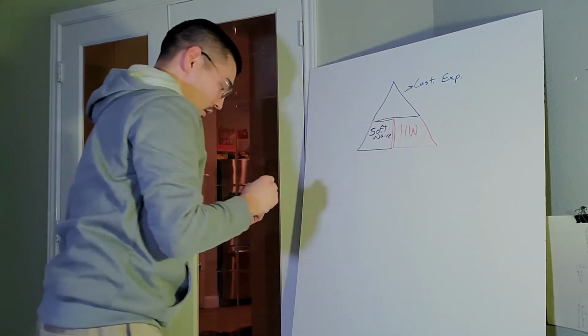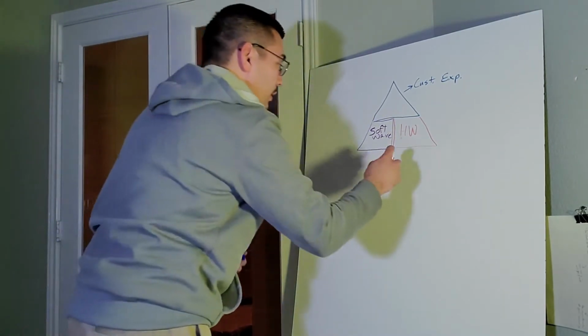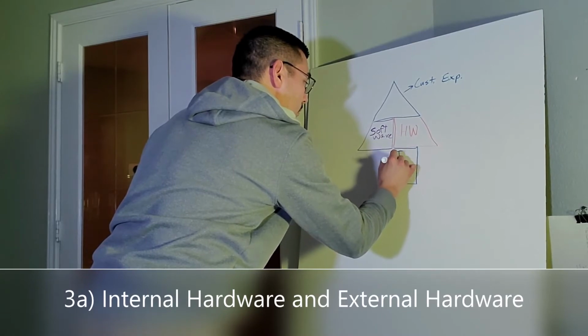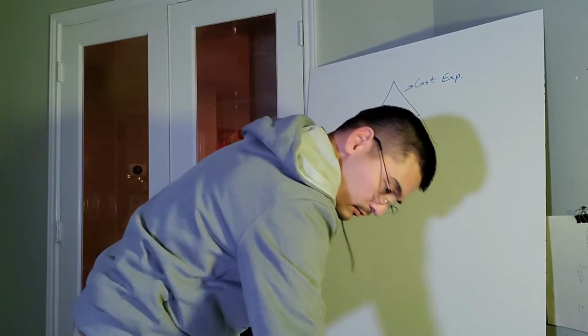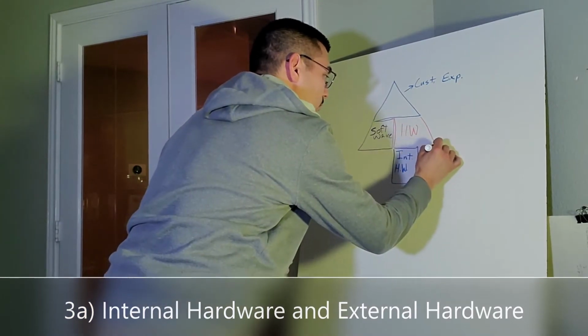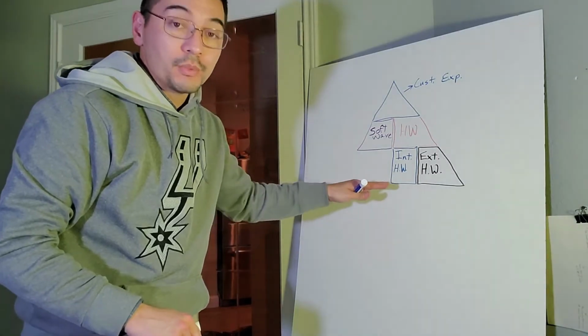So, hardware can be cut into two different parts. Internal hardware, and then external hardware. Anything outside of your computer.